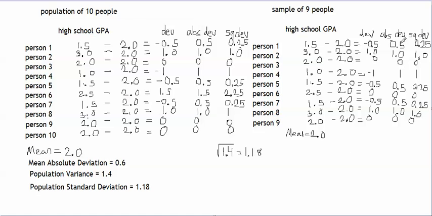Right now I'm just adding the squared deviations. The total is 3.75. You divide by 8 instead of dividing by 9. You divide by 1 less than the number of numbers.